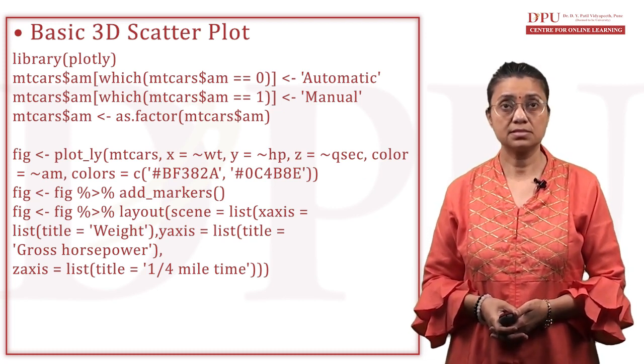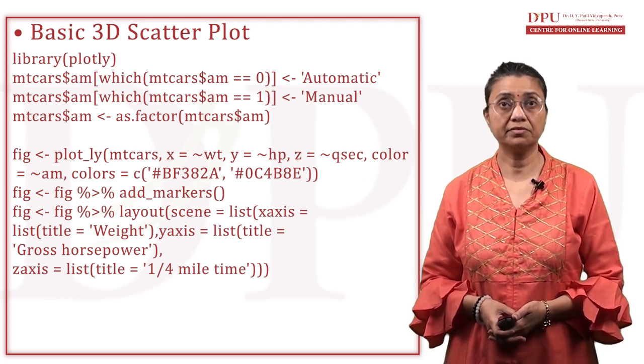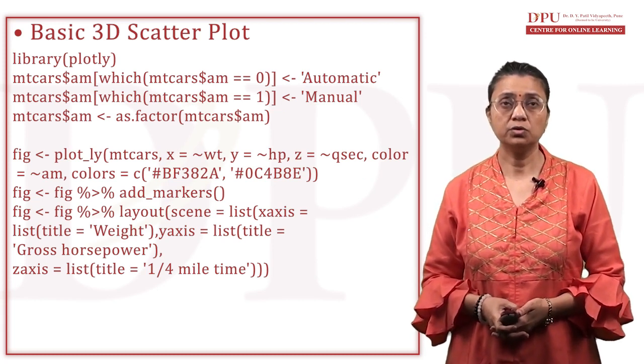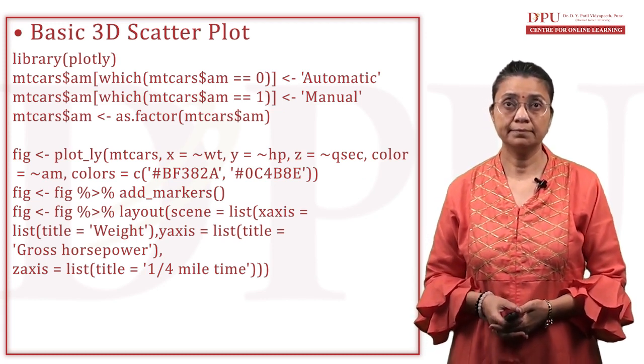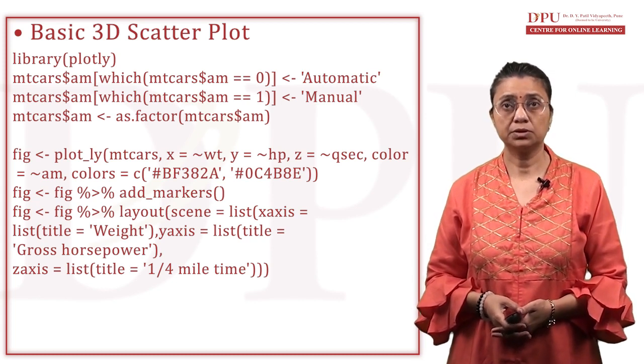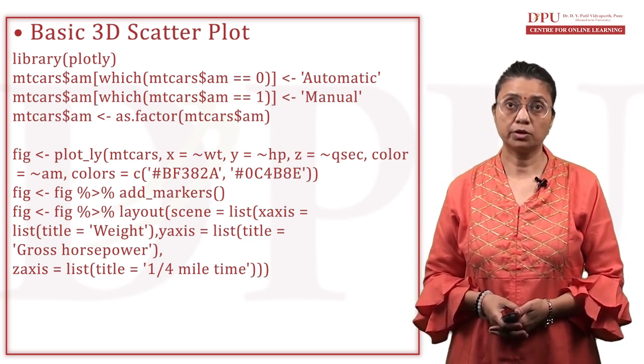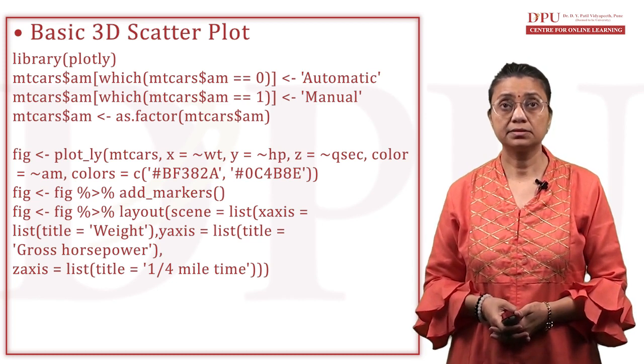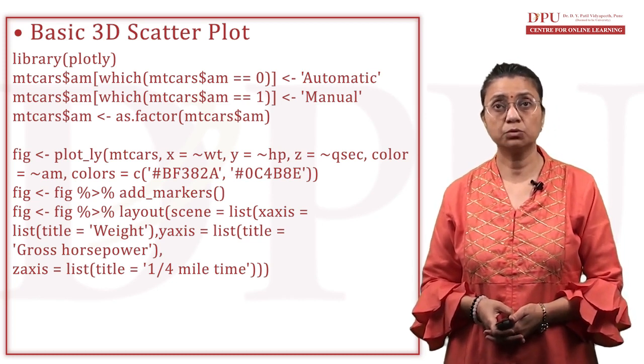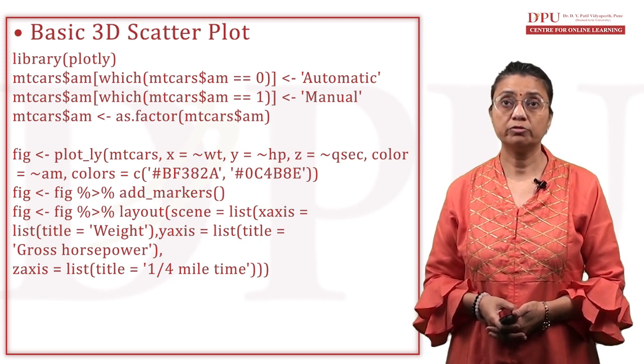The library has a package, plotly, that we have loaded. Now I'm using mtcars data with am, where mtcars am equal to 0 is equated to automatic, and mtcars am equal to 1 is loaded with manual.